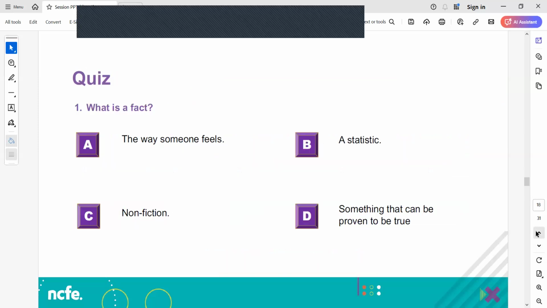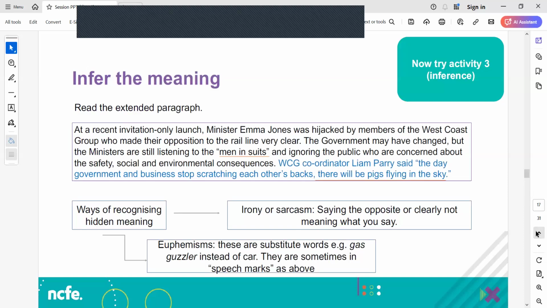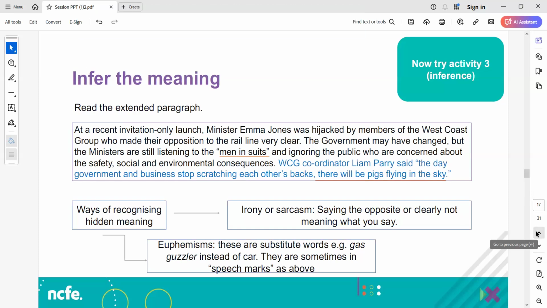No, I was going to ask before about what's the difference between fact and explicit? Between fact and explicit, because some of the sentences are quite similar. Yeah, so a fact could be used in a paragraph that has explicit meaning. So a fact would be part of the text.